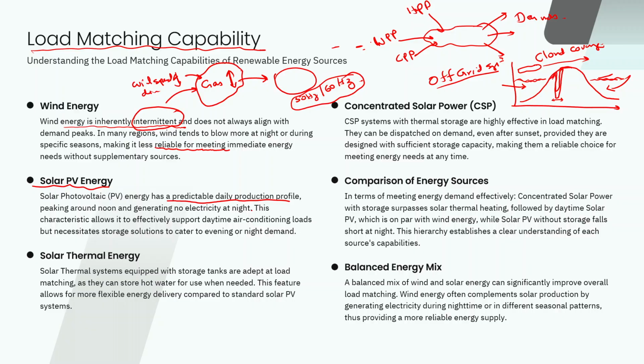So solar is capable of matching the load demand in the daytime, but in the night time and the early morning, if you want to match the demand purely by solar, then you have to have an energy storage, which is again a little bit of a costly solution.